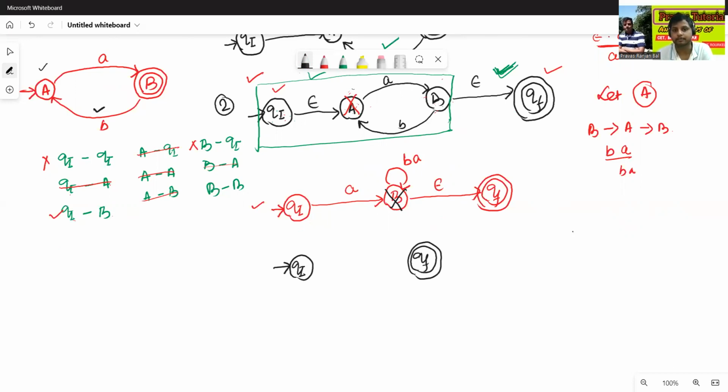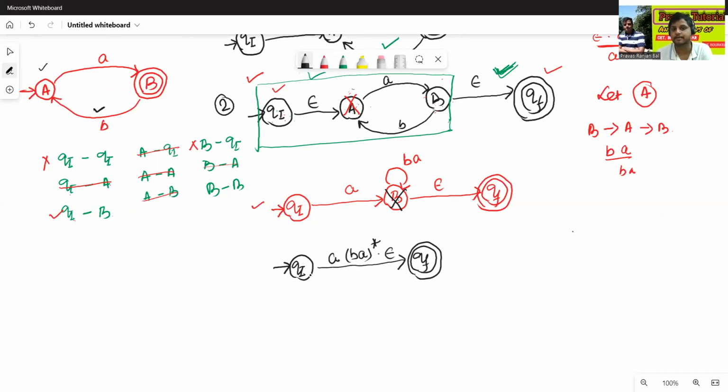When I remove B, I get only one path: A, then the self loop BA whole star, then epsilon.